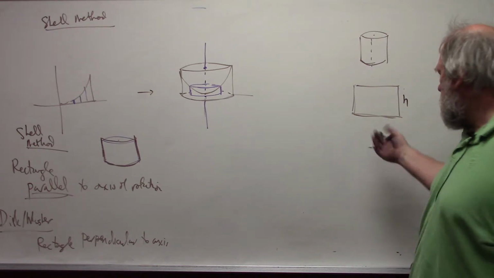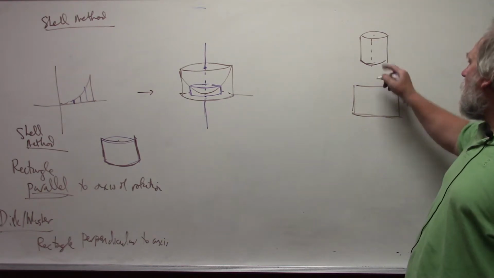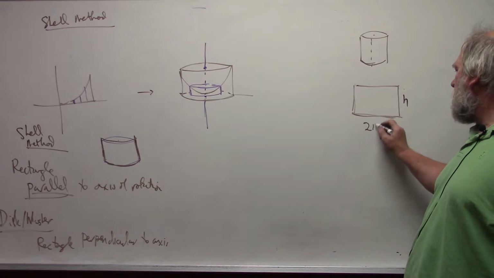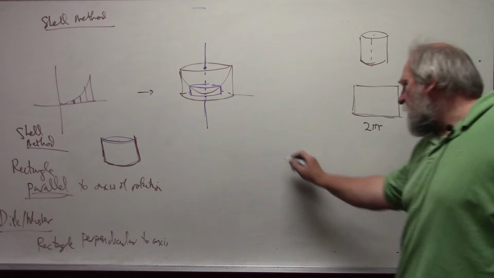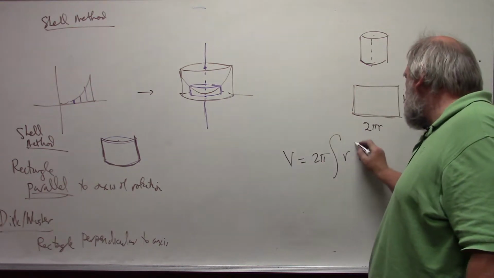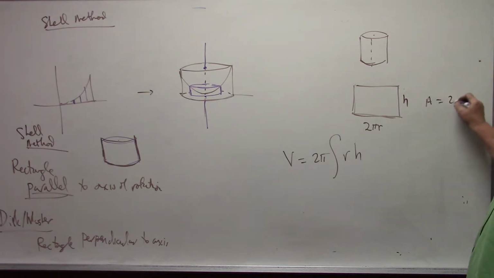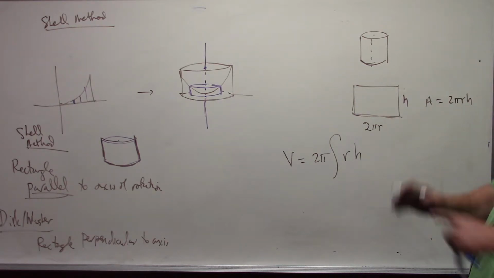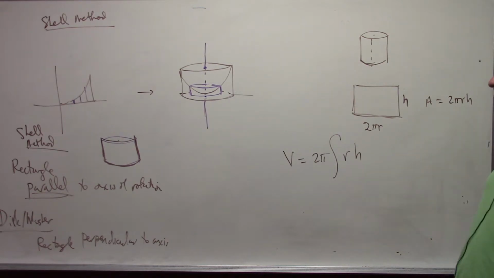The length of this rectangle is the circumference of the shell. And so basically the volume is the integral of 2 pi r h. The area of this rectangle is 2 pi r h. To get the volume, I just take these areas and the limits of integration give me the third dimension, and we get the volume.